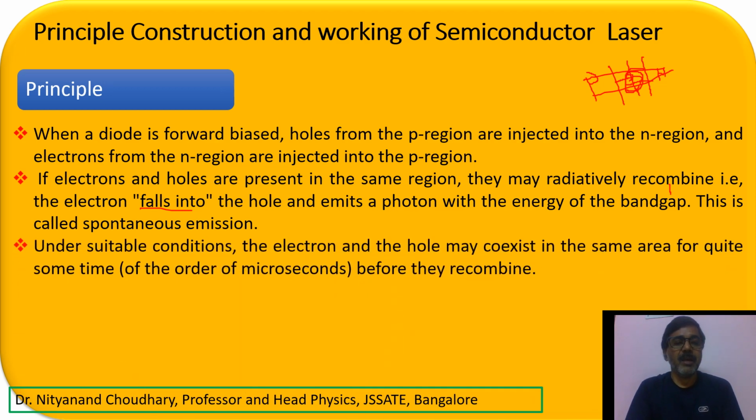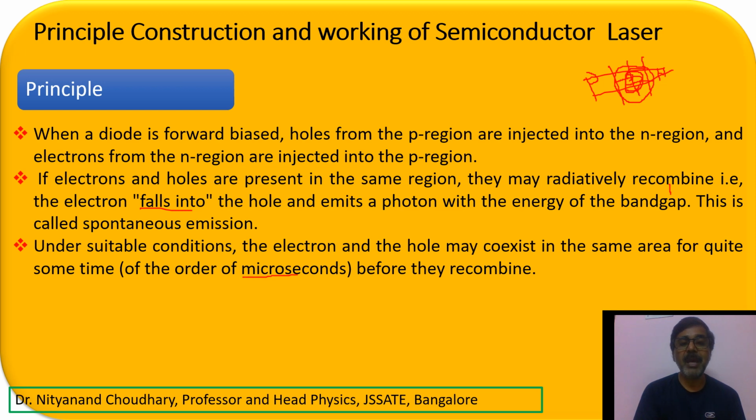All right. Under suitable conditions, electrons and holes may coexist in the same area for quite some time. Now what I am telling you is that here in the depletion zone, before they combine, that is, before the electron falls into the trap of the hole, the electron and holes in the depletion zone are also going to exist separately for a very small time of the order of a microsecond, that is 10 to the minus 6 second.